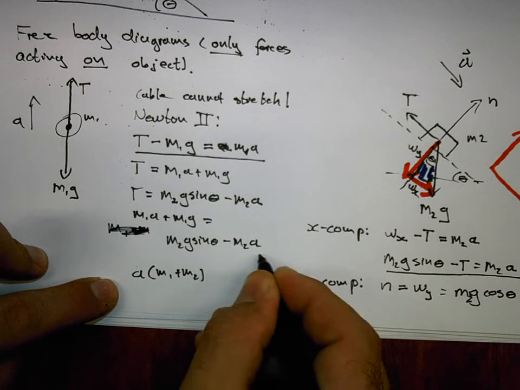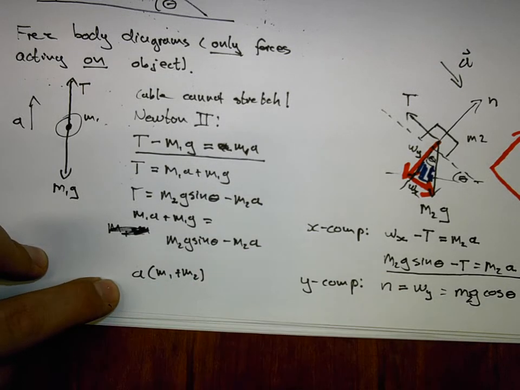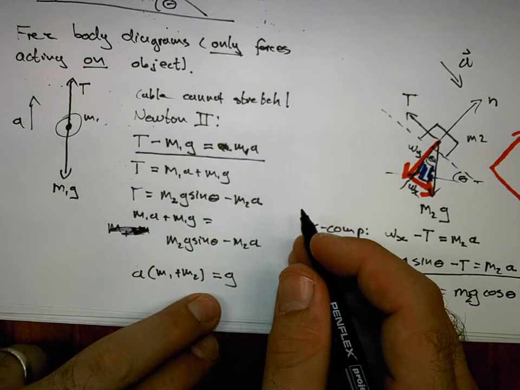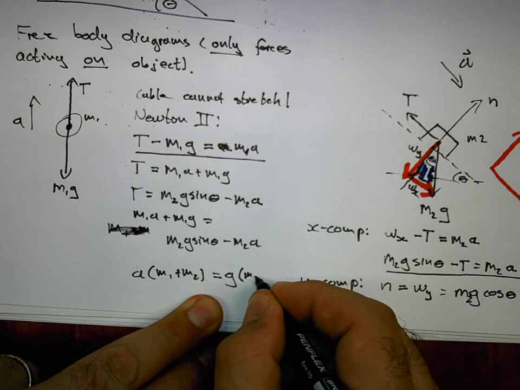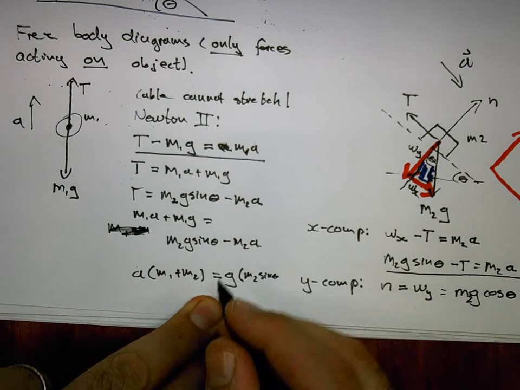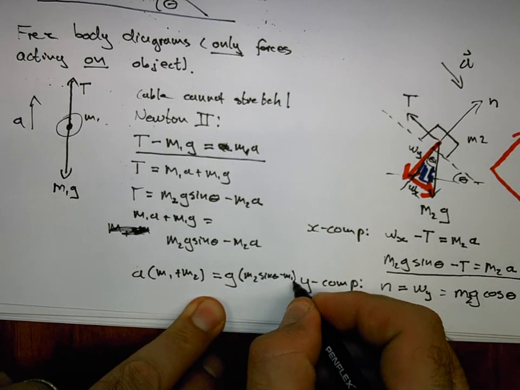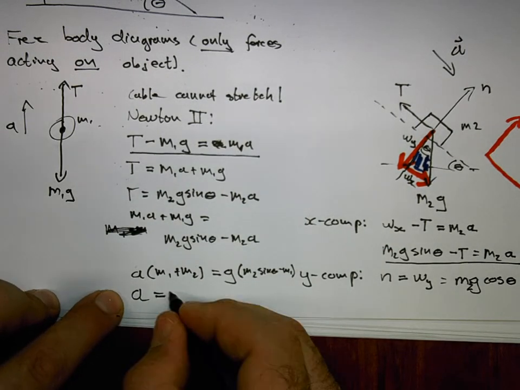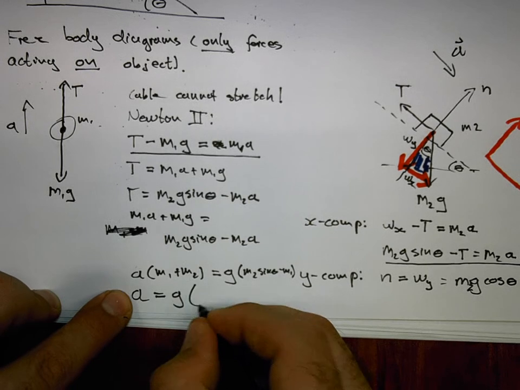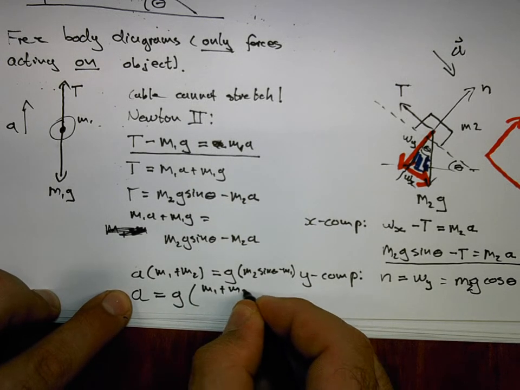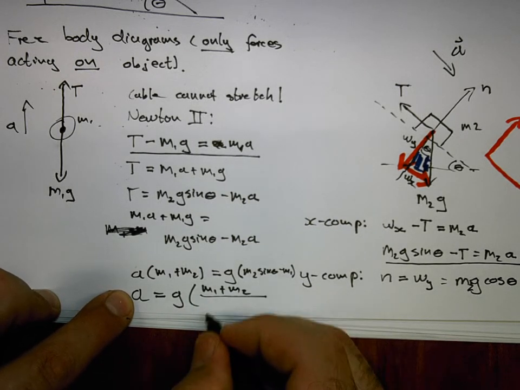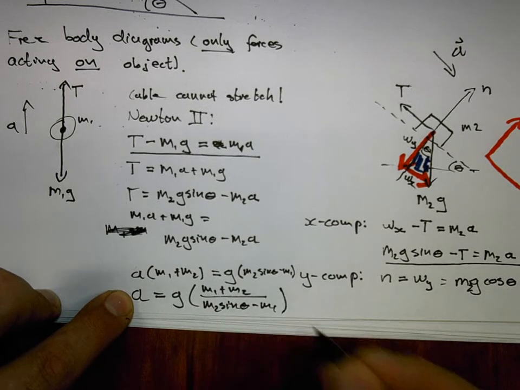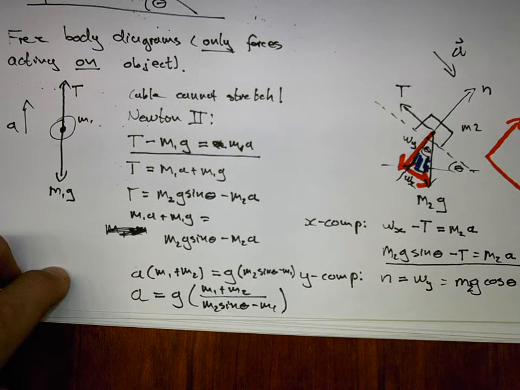If I take that term and add it on both sides of the equation, I get this is equal to g times m2 sine theta minus m1. So I find that the acceleration is equal to g times m2 sine theta minus m1, divided by m1 plus m2. So we've got an expression for the acceleration.